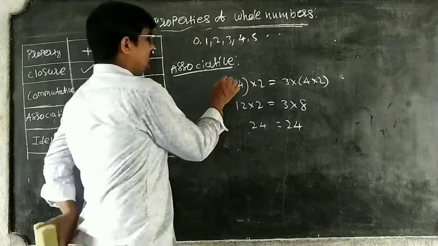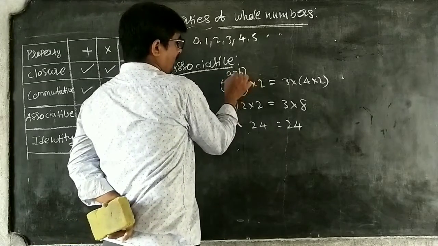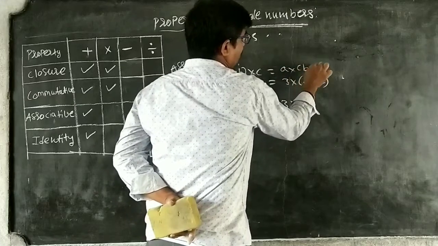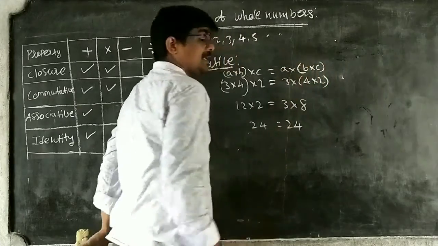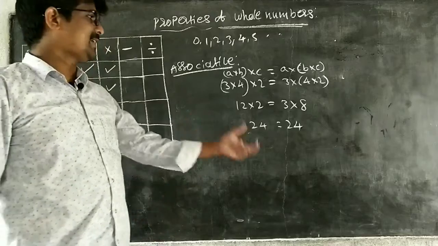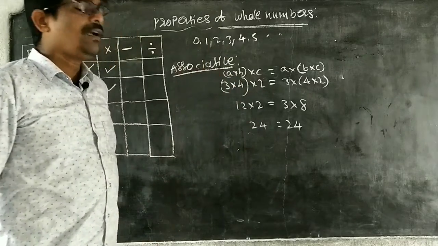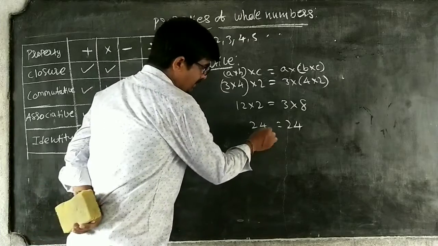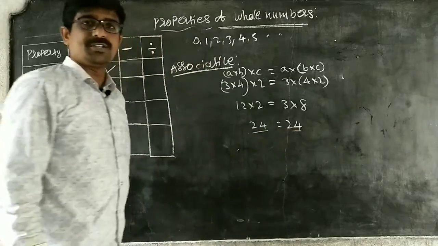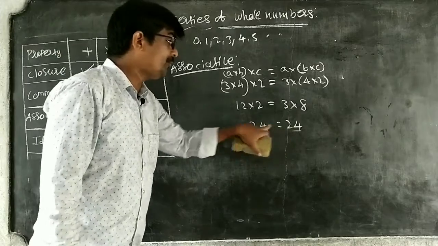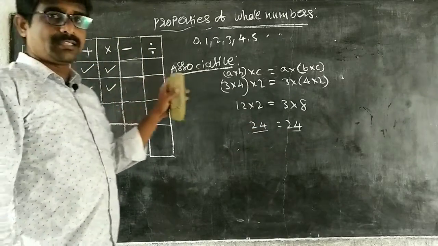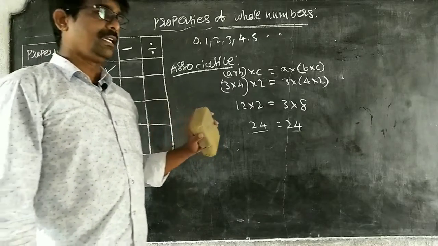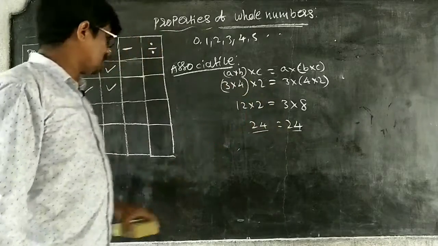Associative means (A into B) into C is equal to A into (B into C). If the answers are equal, then it is associative. Otherwise it is not associative.